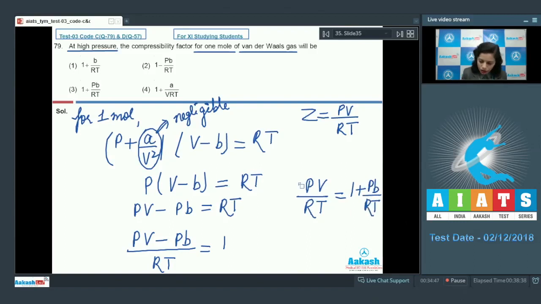And what this value represents, this PV by RT, this is the Z value. And if it is Z value, it means you know the compressibility factor where it is given. This 1 plus PB by RT is given in option 3 and just choose it as the correct option.